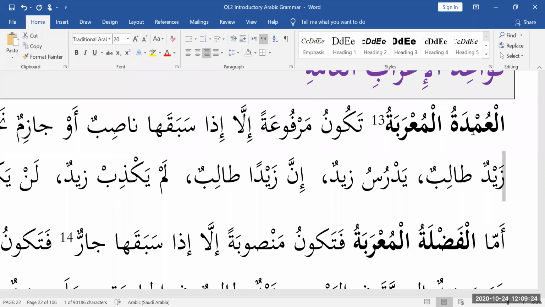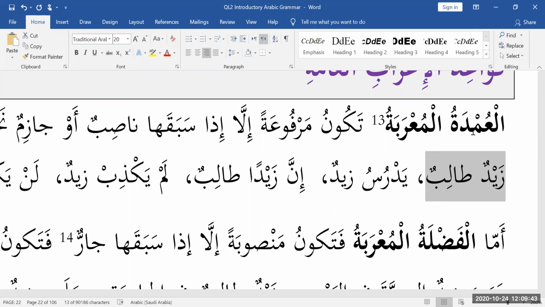So both Zaydun and Talibun are pillars. Both are mu'rab, meaning inflected. Both are in the rafa state because they both end with a dhamma.